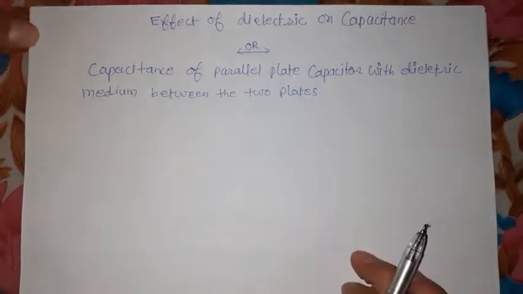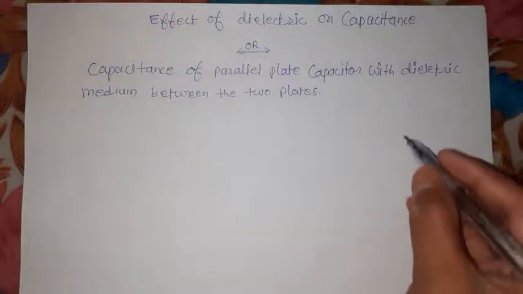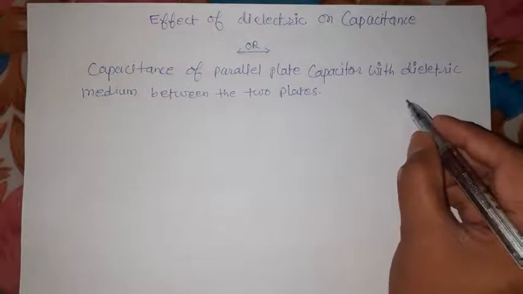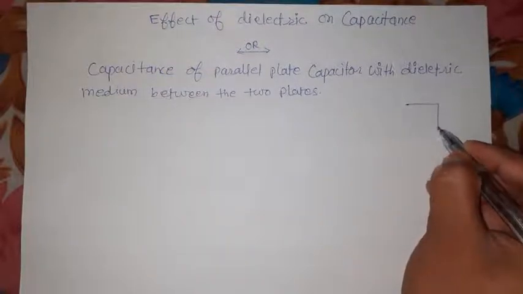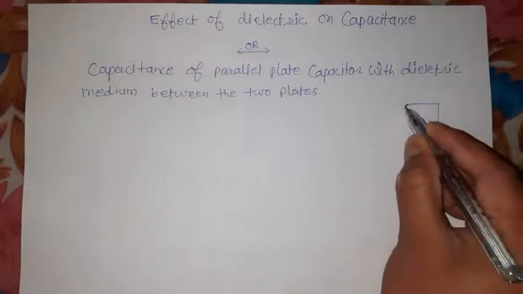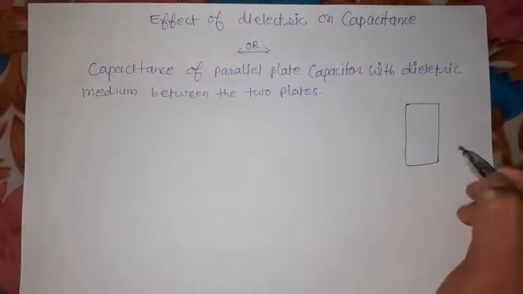Okay, student, the dielectric constant and dielectric we have already discussed in our previous videos, but let us look over it once again. There we said that this is a dielectric substance. Dielectric means insulator. When it is placed in an electric field, here toward the right, this is the exterior electric field.